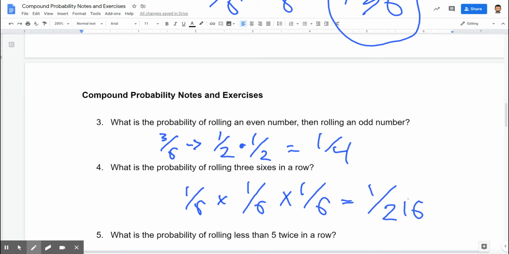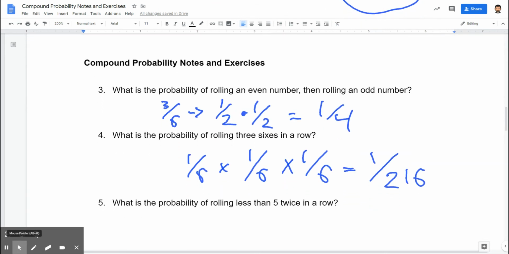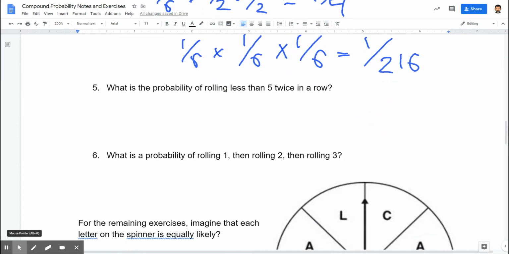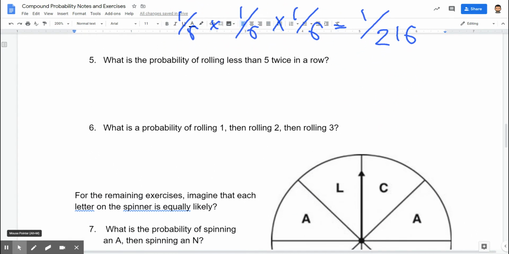Okay, let's keep going. Probability of rolling less than 5 twice in a row. Okay, so less than 5, that's 1, 2, 3, or 4. So that's 4 options out of 6 total.